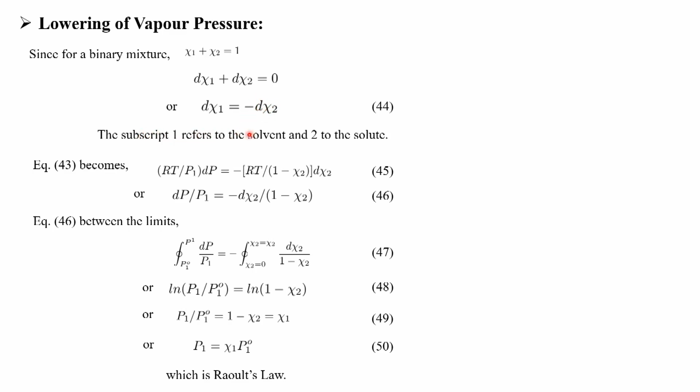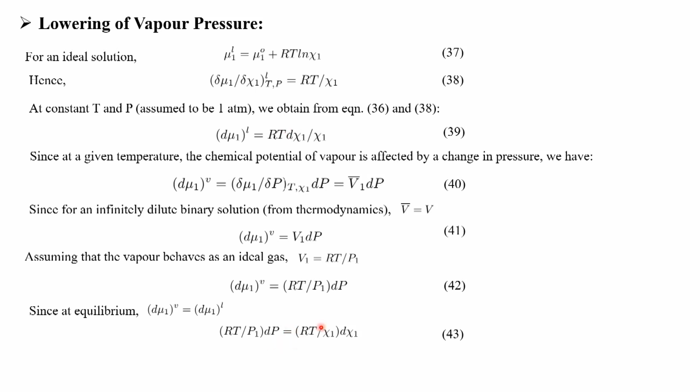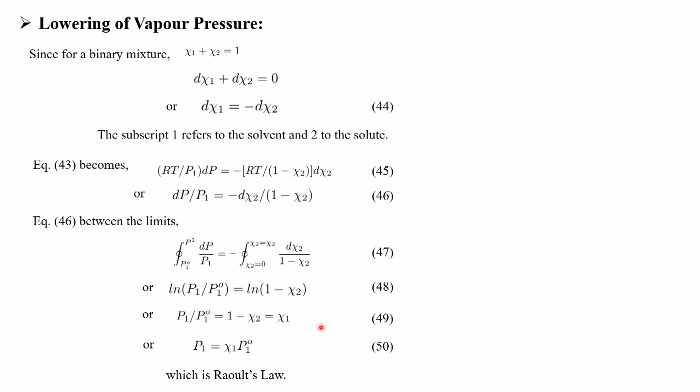Here subscript 1 refers to the solvent and 2 to the solute. So equation 43 becomes RT by P1 dP1 equals minus RT dx2 by 1 minus x2, or dP1 by P1 gives you minus dx2 by 1 minus x2.